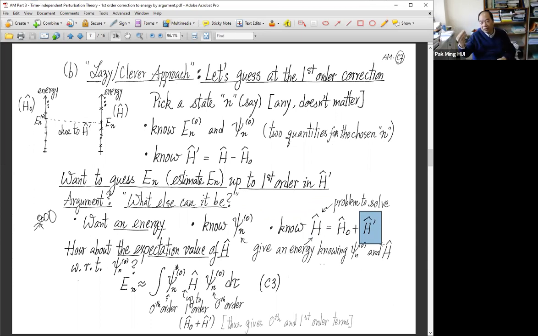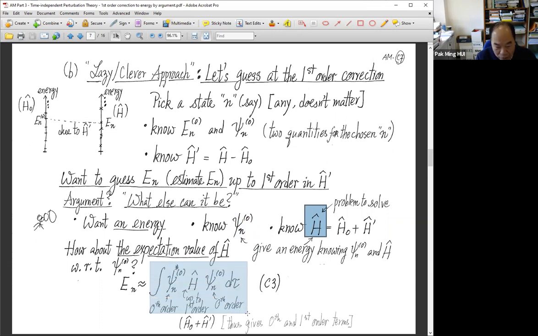You have a state, you have a Hamiltonian. We want an energy. That's the question. Okay? The answer that I will try is, what else can it be? Energy expectation value. Okay, that is my claim of the reason. What else can it be? A state, a Hamiltonian.